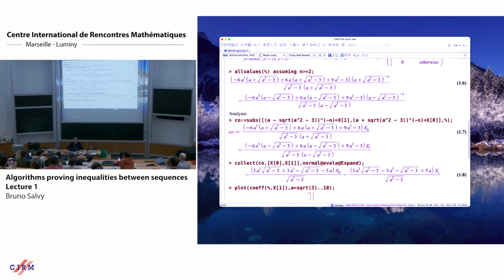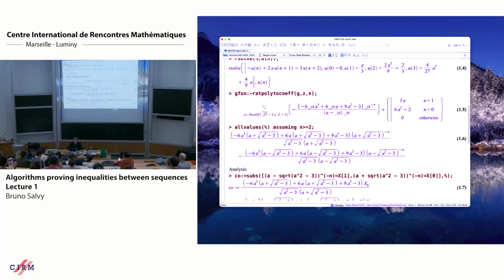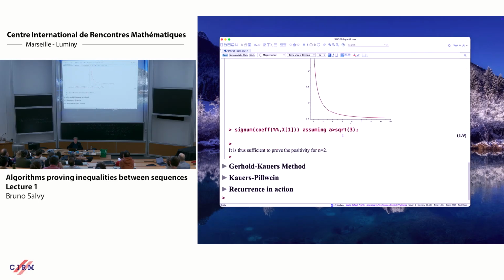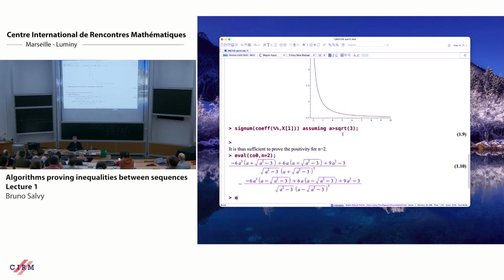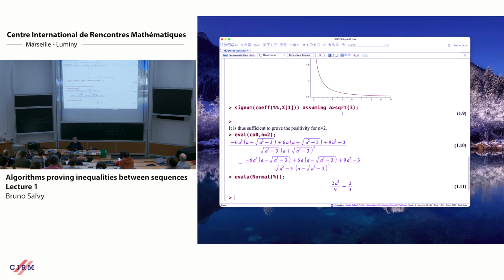Let's just look at it for, let me call that C0. And I will just do it for n equals 2. And then you see that it's positive for a larger than the square root of 3. So we have proved positivity of the sequence.